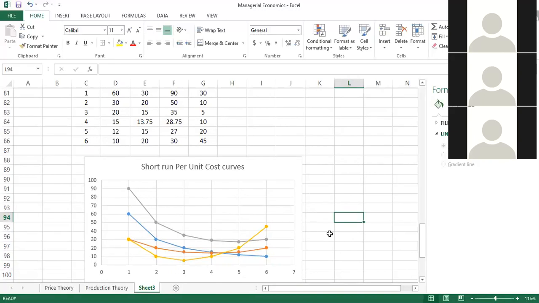But in one particular market, even if these cost curves shift within a certain range, they will not change the output. We will discuss that in detail later; it is known as the oligopoly market.